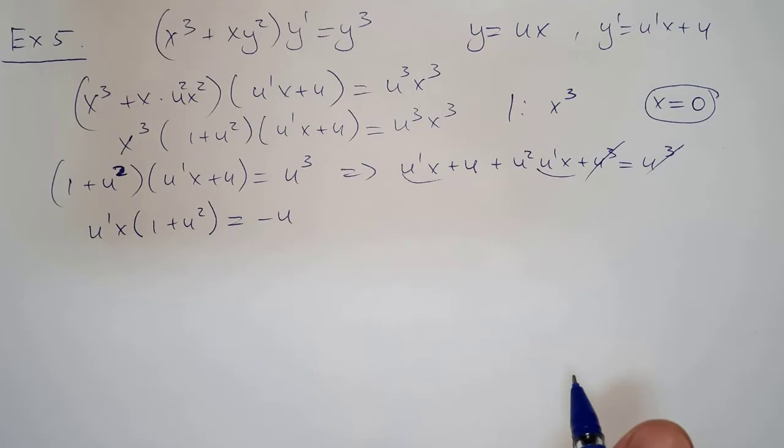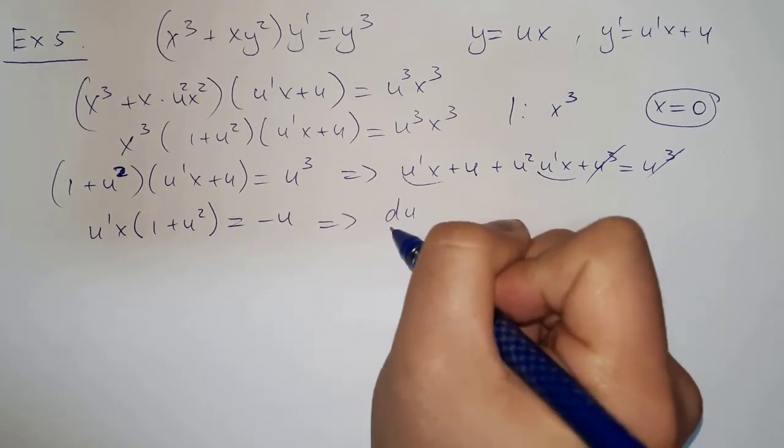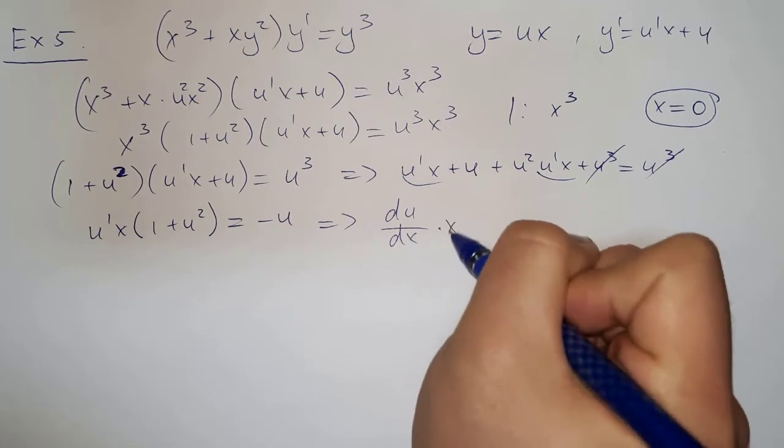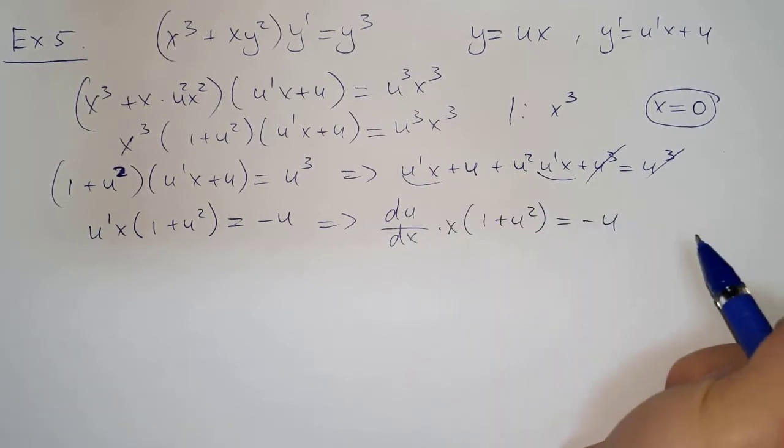So this one now is du over dx times x, 1 plus u squared is minus u.